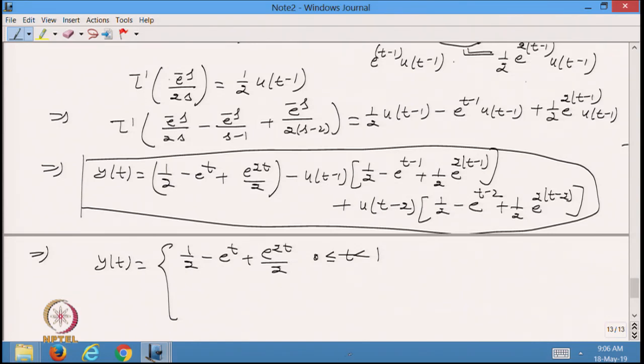So, now whenever I have t between 1 and 2, in that case it will be the same factor half minus e^t plus e^(2t) by 2, and the step function value will be 1, and then I will get this value: half minus e^(t-1) plus half e^(2(t-1)).